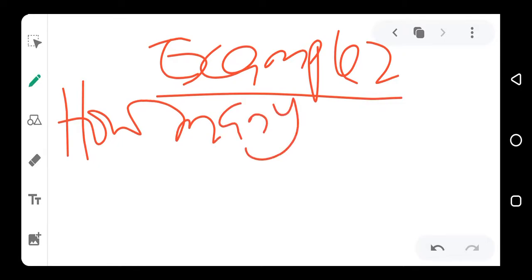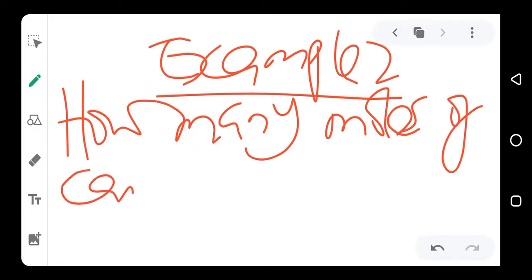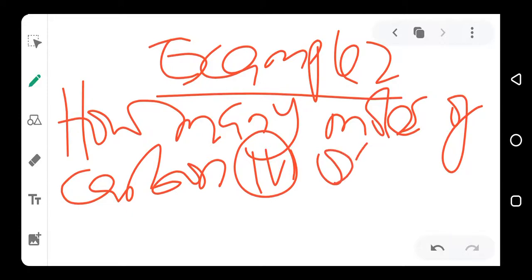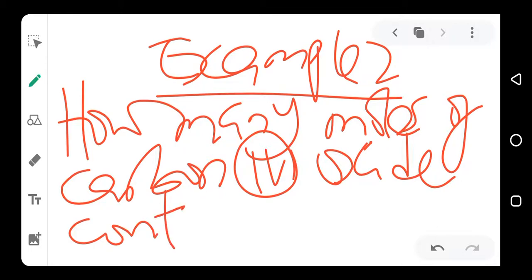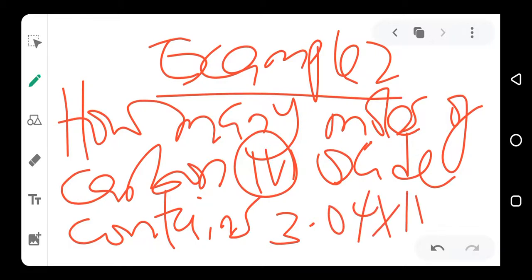How many moles of carbon (IV) oxide contains 3.04 times 10 raised to power 22?